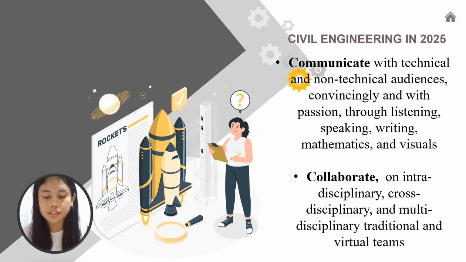Third is to communicate with technical and non-technical audiences convincingly and with passion through listening, speaking, writing, mathematics, and visuals. So effective communication involves active listening, clear expression of ideas, and adapting your message to your audience.